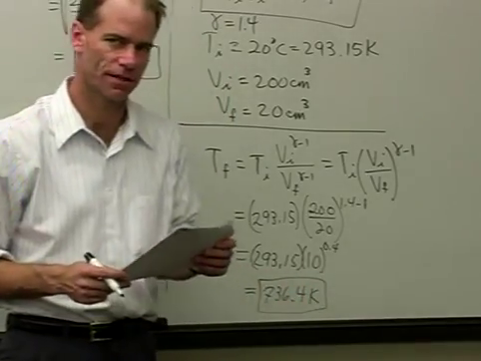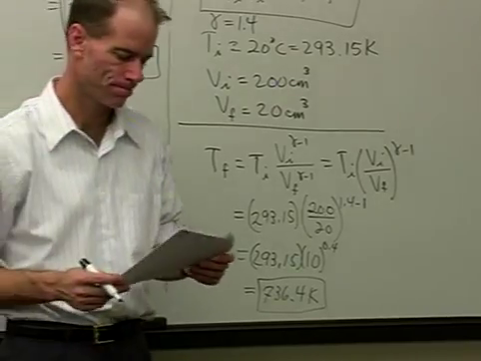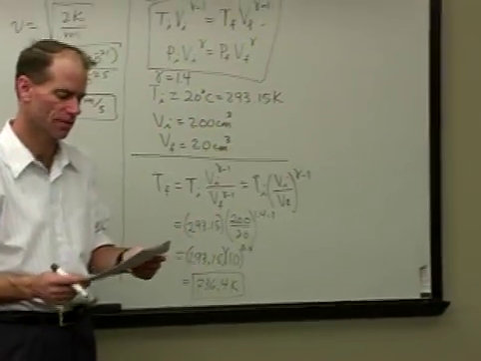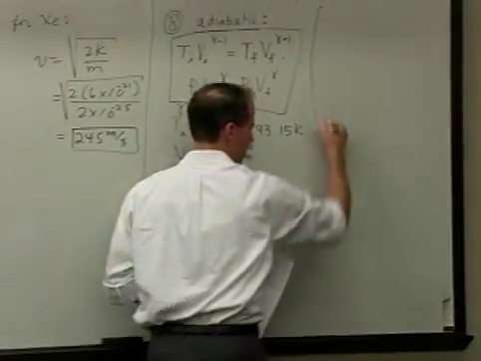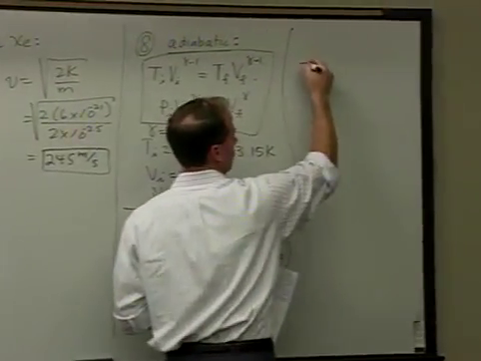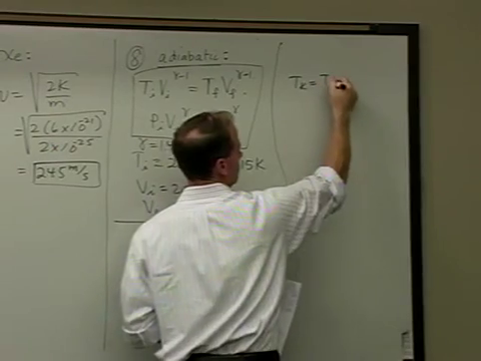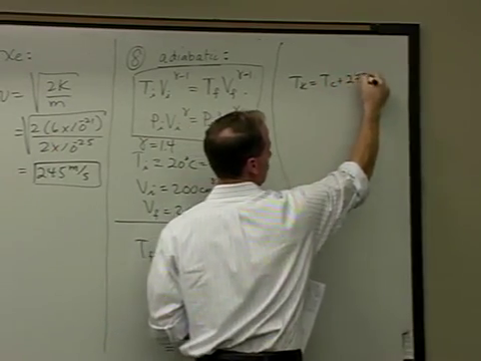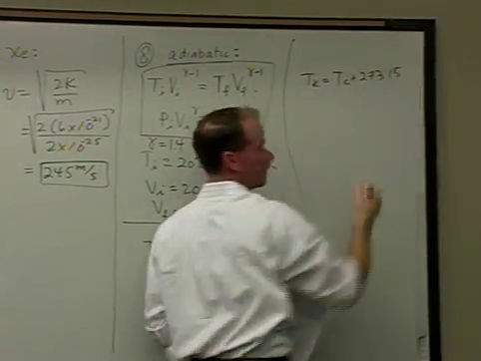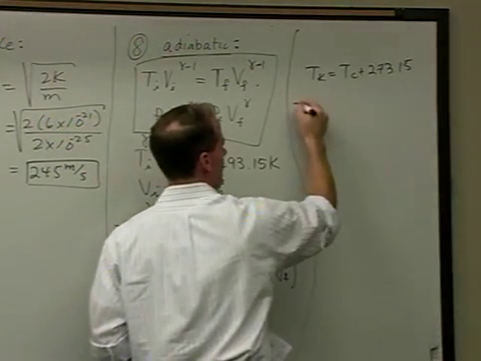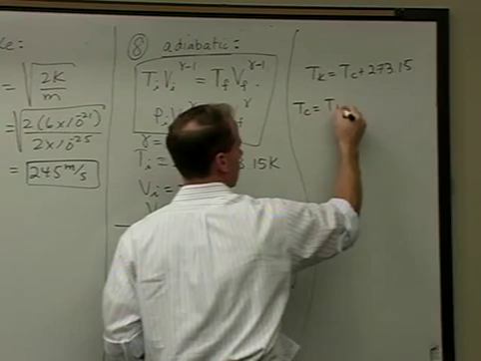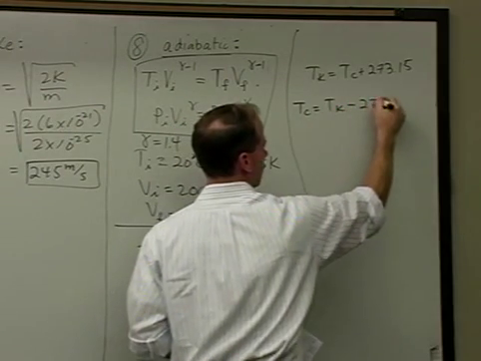Now the answer was given in Celsius. We wanted to find the temperature in Celsius, so this is Kelvin. Temperature in Kelvin is equal to temperature in Celsius plus 273.15. So if we want the temperature in Celsius, we're going to have to subtract that 273.15.